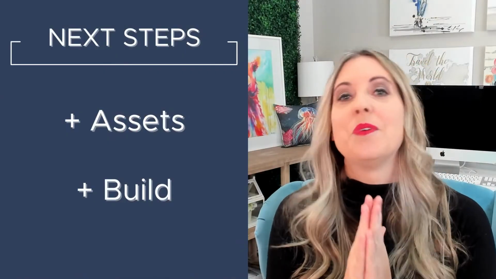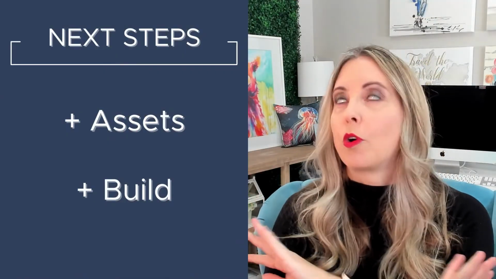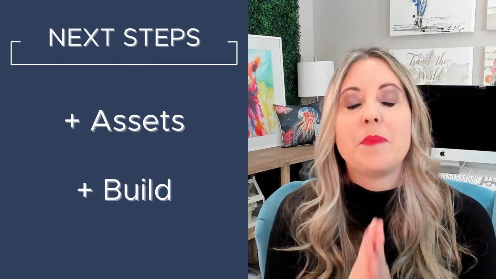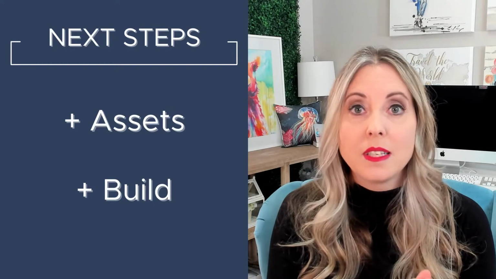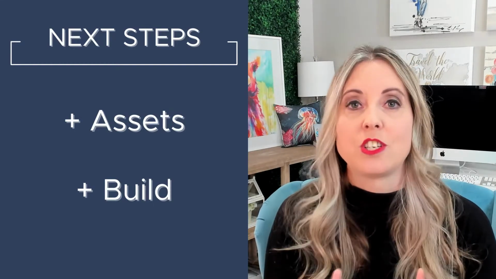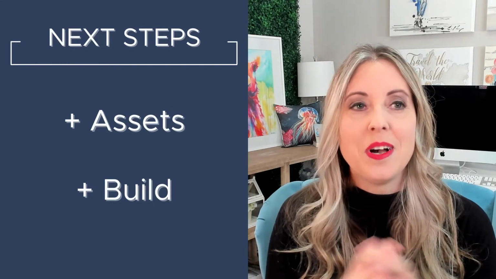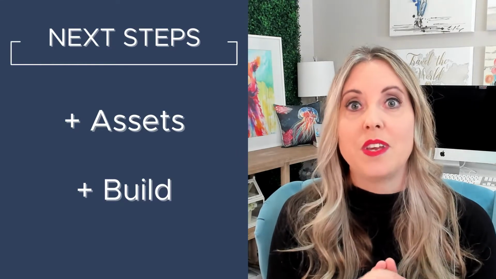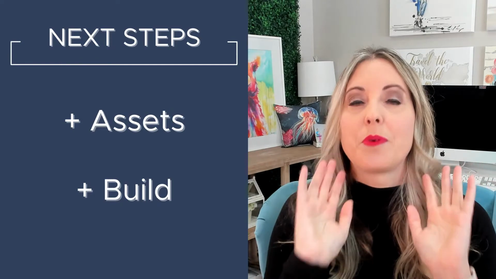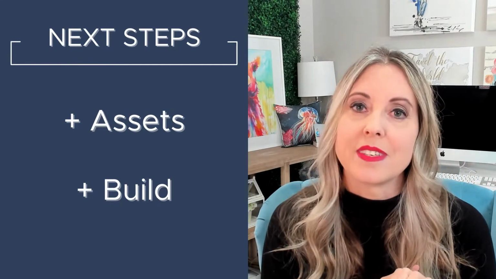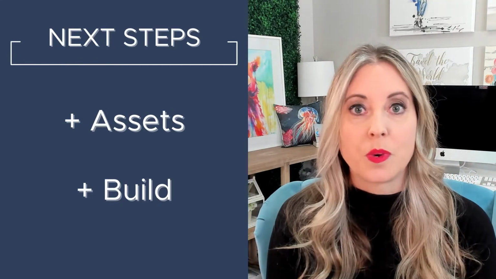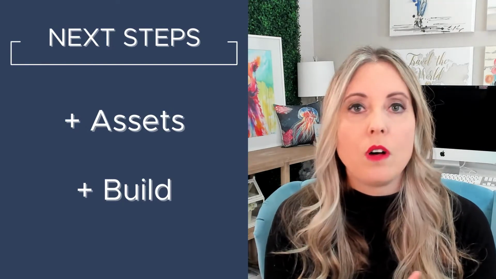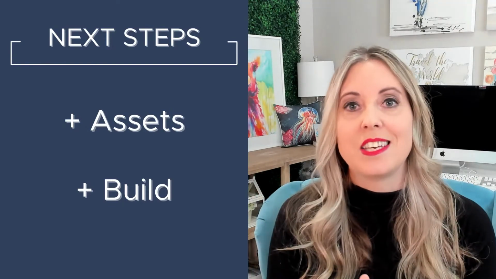So for my next steps, I just showed you a brief overview of my storyboard, but the next step now is I have to create the assets and then actually do the build in Adobe Aero. When I'm creating the assets, I will show you in next week's video. We will use an amazing subscription service that I have, Envato Elements, where there are 3D models, graphics, photos, B-roll footage, a lot of amazing things that you can use.